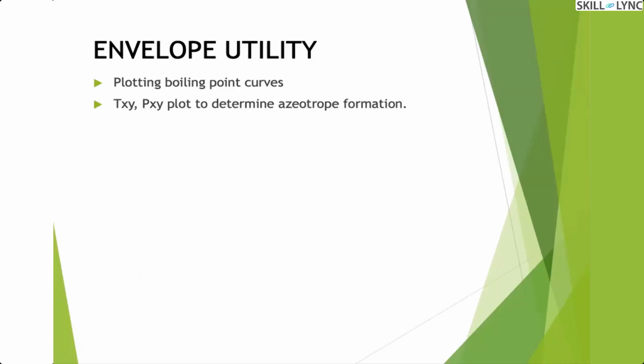If you have to separate those components out, you should select an appropriate system. When you know the details of the TXY PXY plot, you can determine whether azeotropic distillation is required or a binary distillation is sufficient. Or if you have multiple components, you can look at different flow sheet possibilities and arrive at the optimal way to do it.